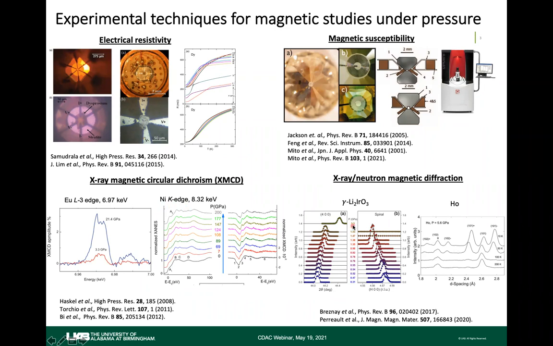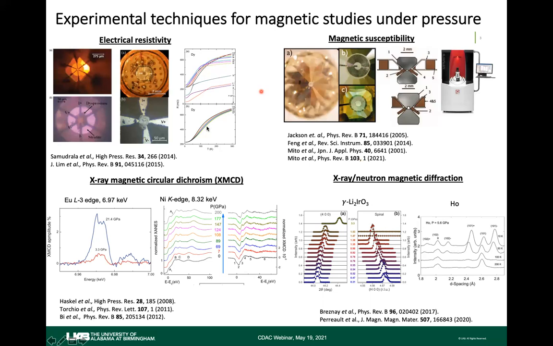And of course, the neutron is also a very popular technique to study magnetism, and also X-ray magnetic diffraction, although it's pretty difficult and challenging to do under high pressure, but people have done X-ray magnetic diffraction up to 40 GPa. And this case here is an example of the resonant X-ray magnetic diffraction in lithium iridate.